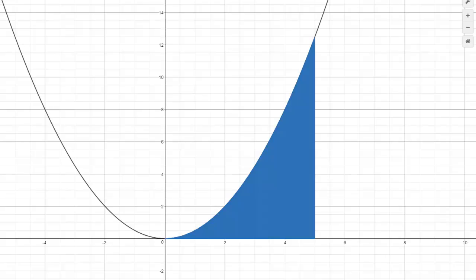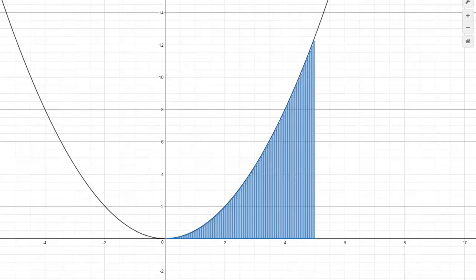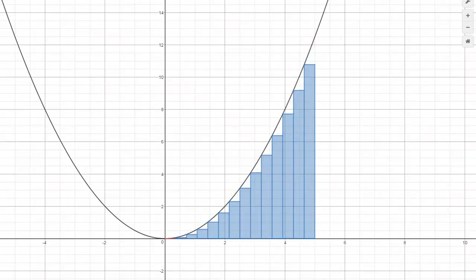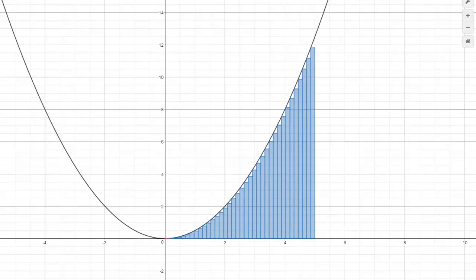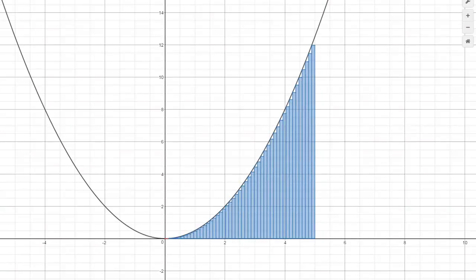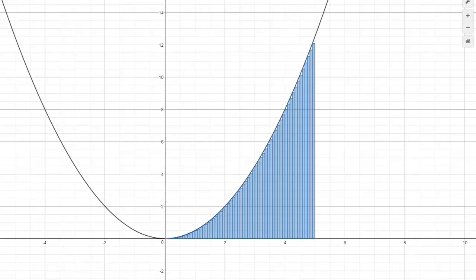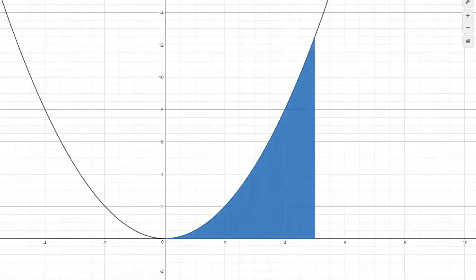Again, what's happening to the width of those rectangles as you increase the number? The width of each rectangle is decreasing, getting smaller and smaller, closer to 0 as the number of rectangles increases.